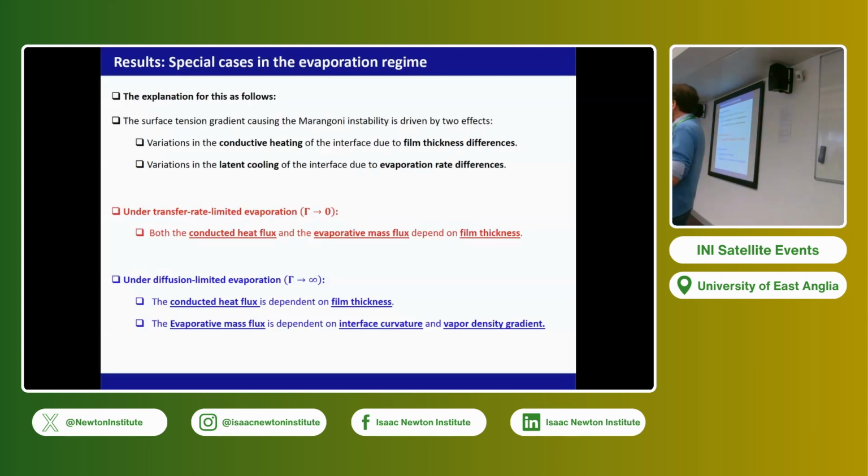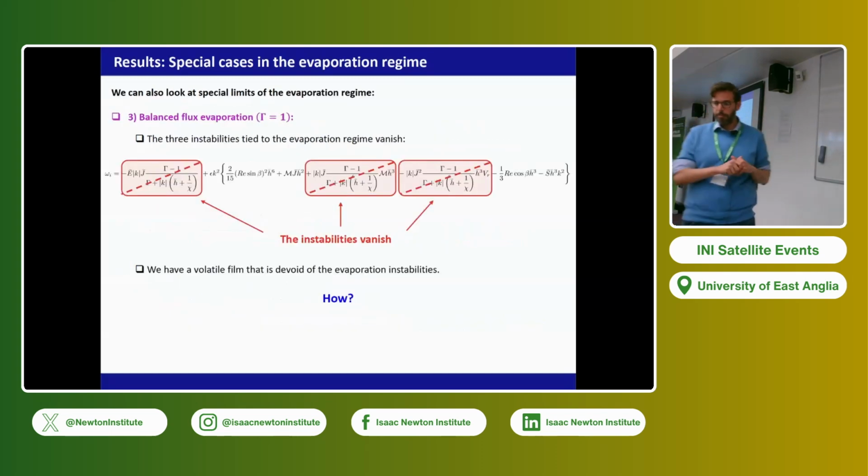For that reason, they combine into one unique term. Under diffusion limited evaporation, when gamma goes to infinity, the film thickness is not important in determining the evaporative mass flux; it is the interface curvature and the gradients of vapor density. And so at that point, obviously there are two different terms depending differently on the wave number.